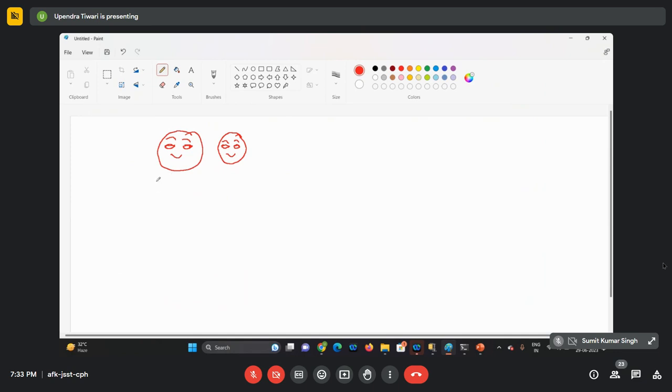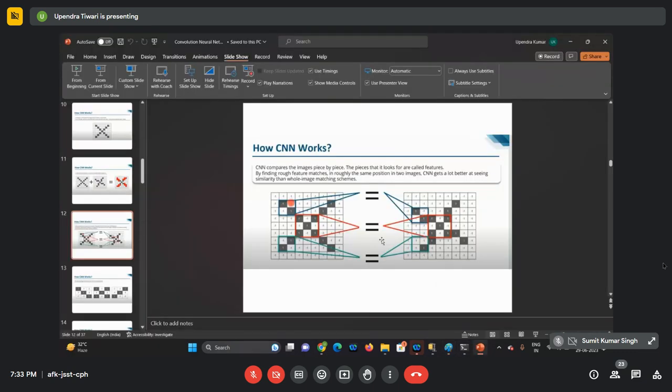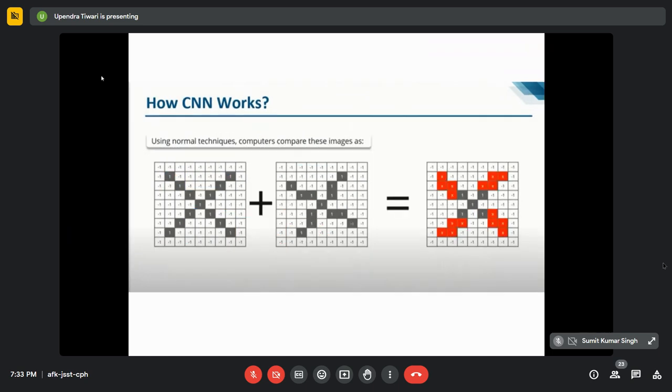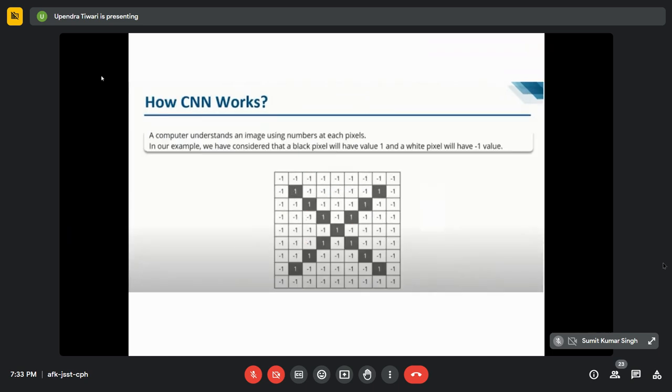So in the same way, when we are representing this image in pixels, we'll try to get some individual features, and those features will be called a filter.